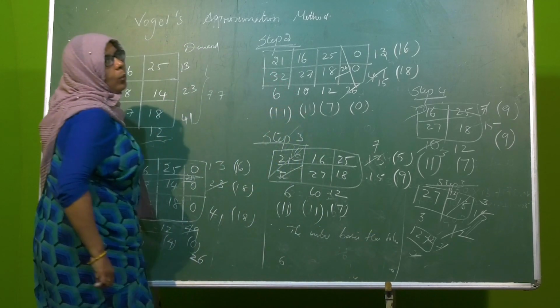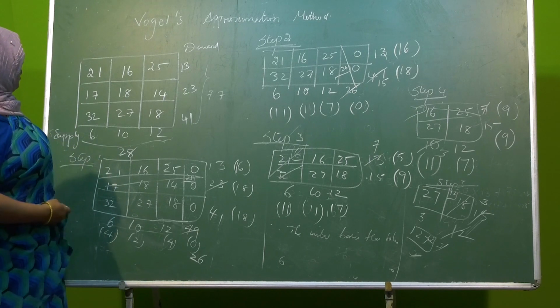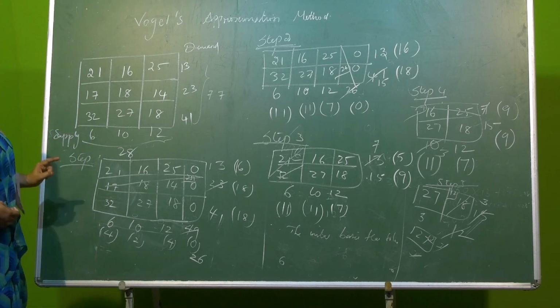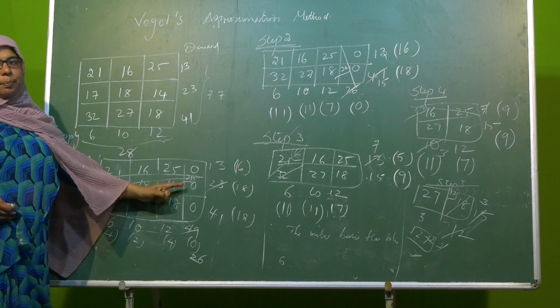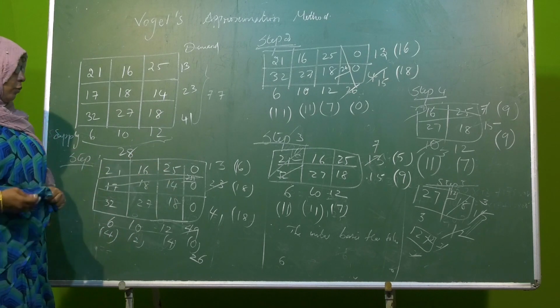What I told you in the previous problem: you have to multiply the cell value and the allocated value.